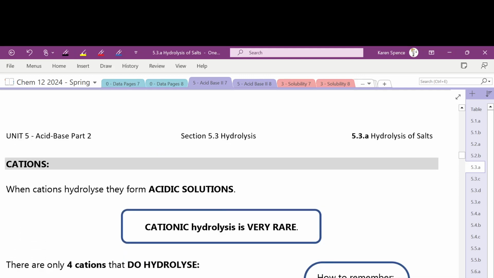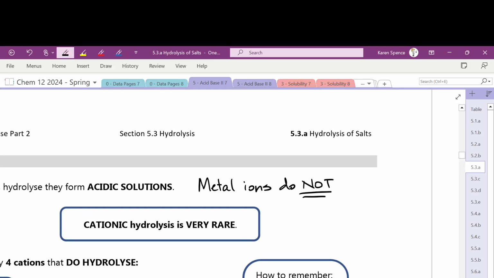Now, we're going to specifically look at cations because there's not much to them. Do you remember what I said about metal ions? Metal ions do not hydrolyze, except feel creepy.